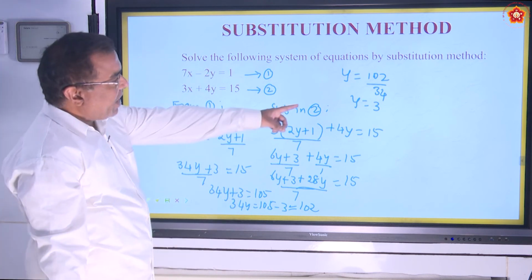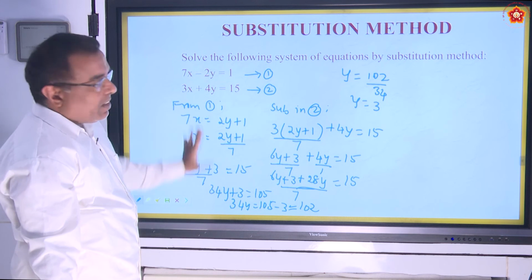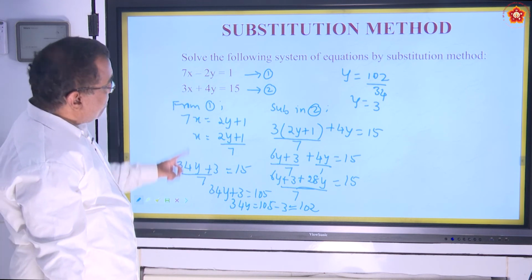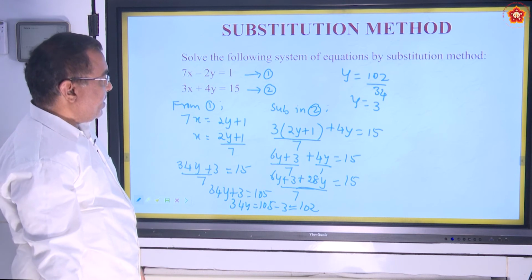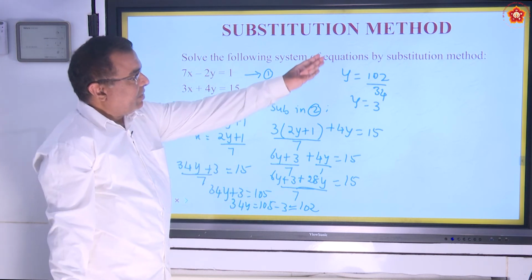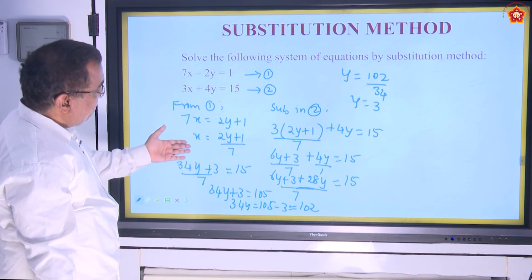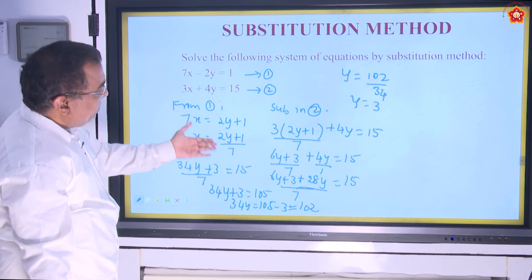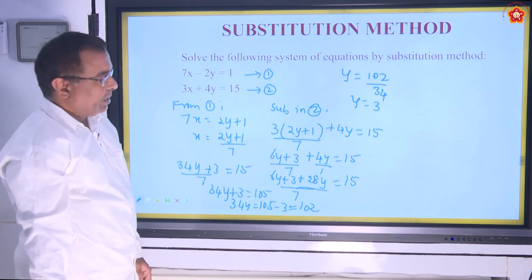Once we find the value of y, we can always find the corresponding value of x by substituting in either the first equation or the second equation. Look at the process: we substitute, and then we find the values of x and y. That is why this method is known as the substitution method.